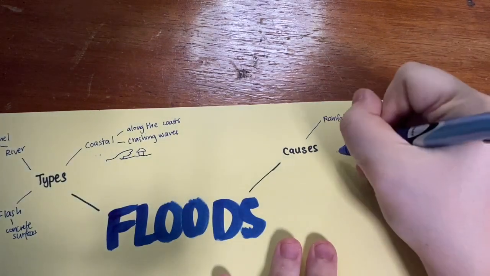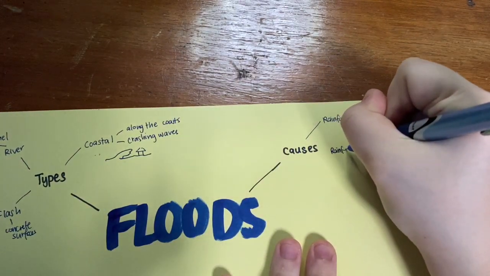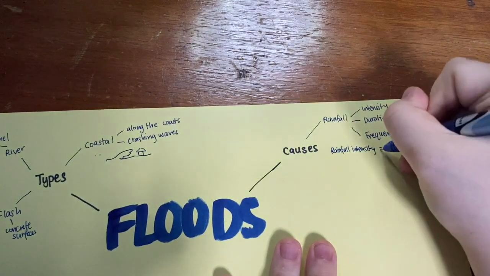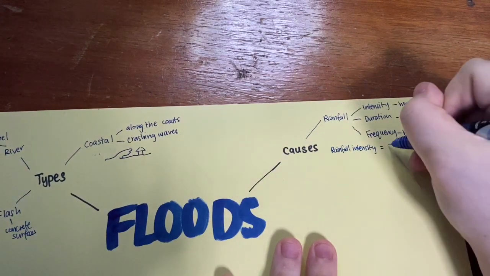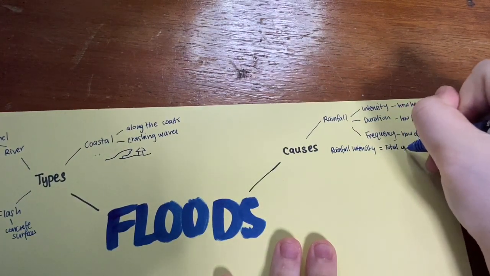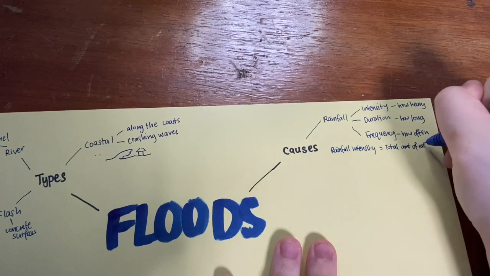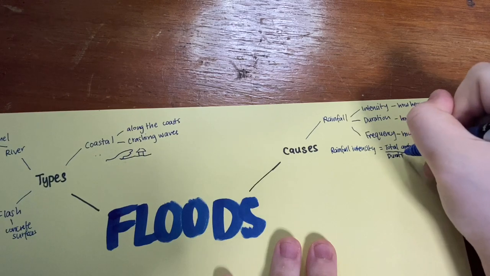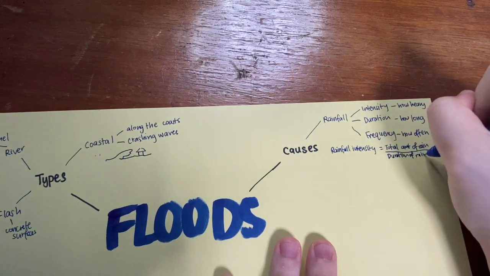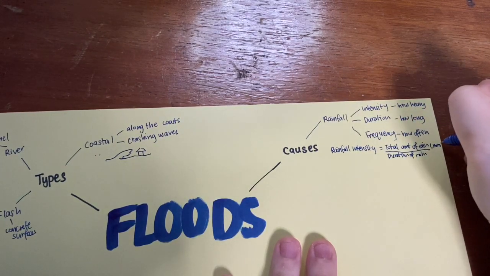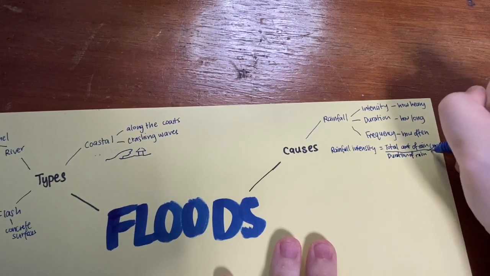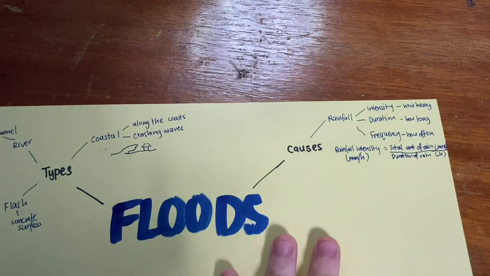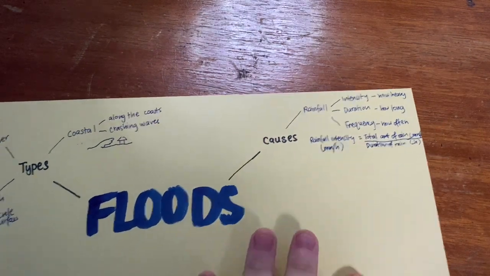There's also a formula to calculate rainfall intensity: you take the total amount of rain and divide by the duration of rainfall. So the units will be mm/h. That is all for rainfall.